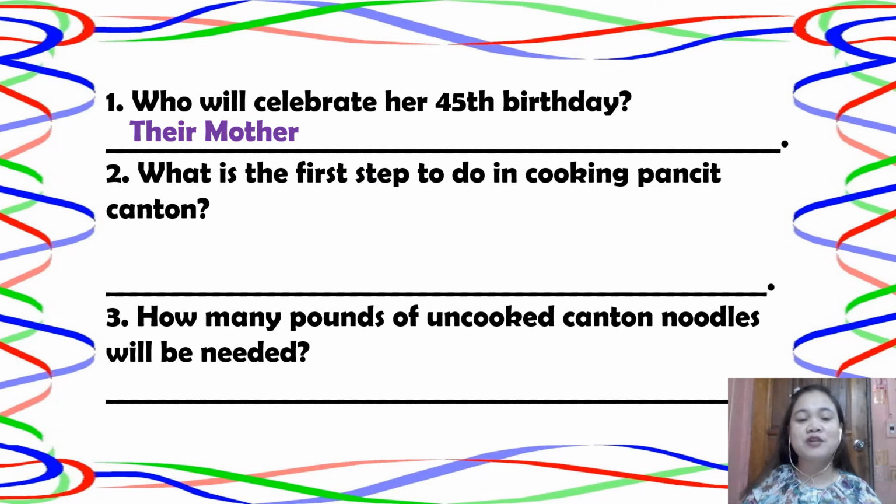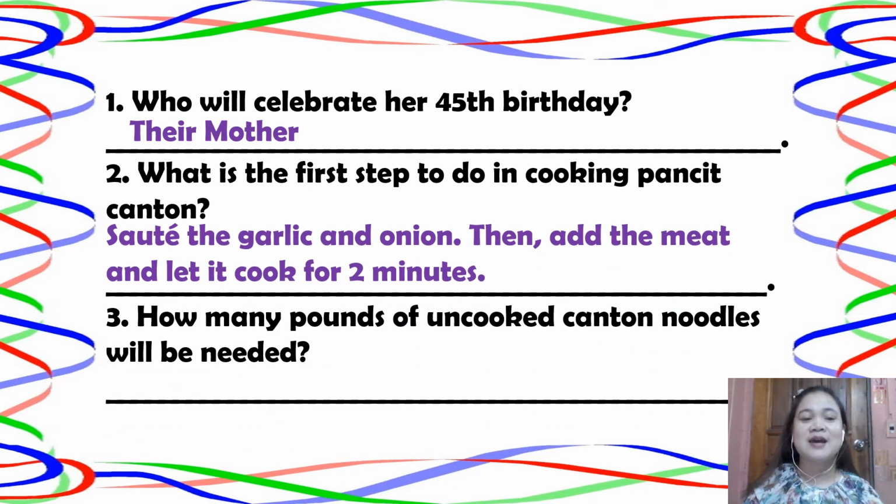What is the first step to do in cooking pancit canton based on the instructions given? Very good. You're going to saute the garlic and onion first, then add the meat and let it cook for 2 minutes. Next, how many pounds of uncooked canton noodles will be needed?